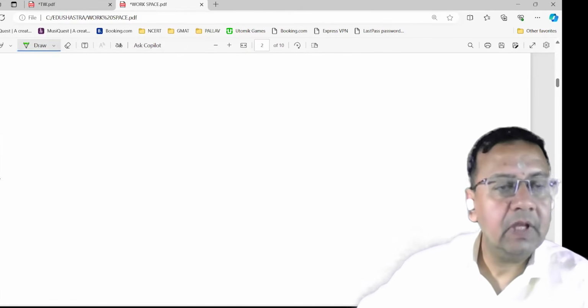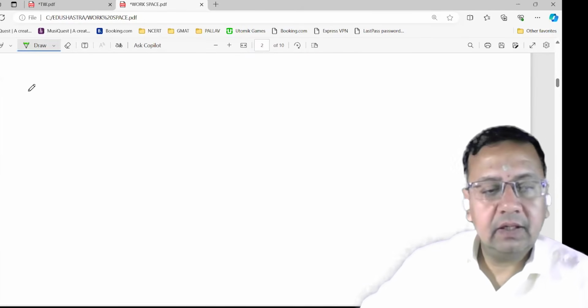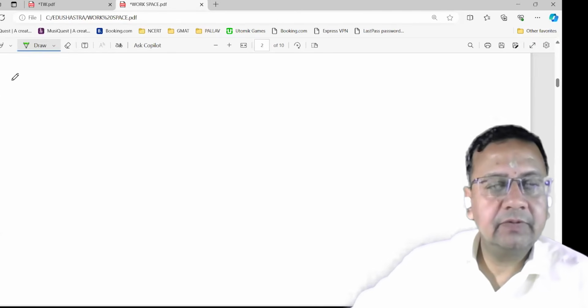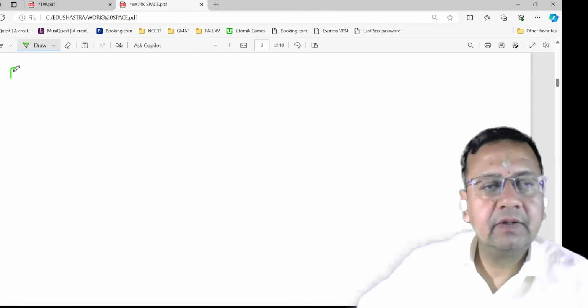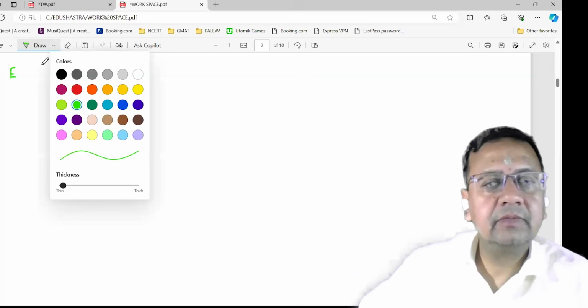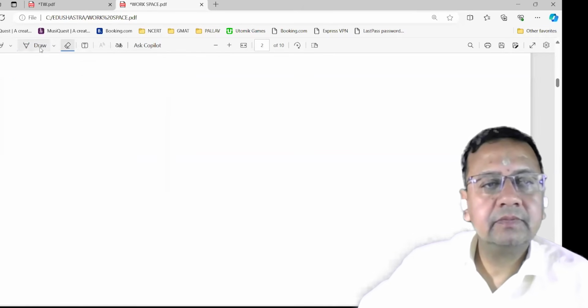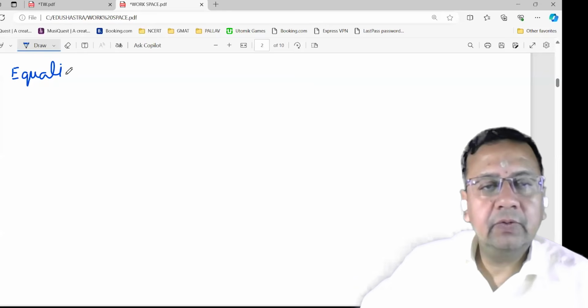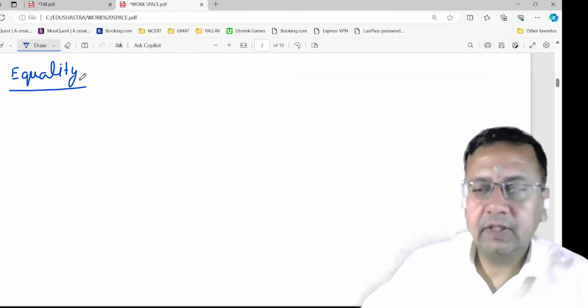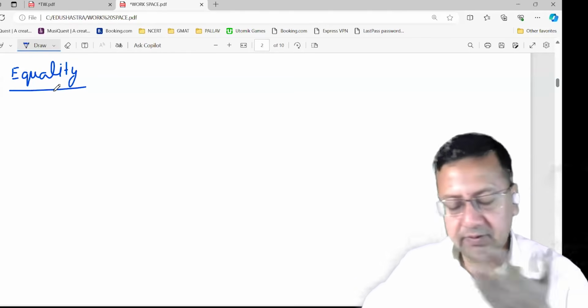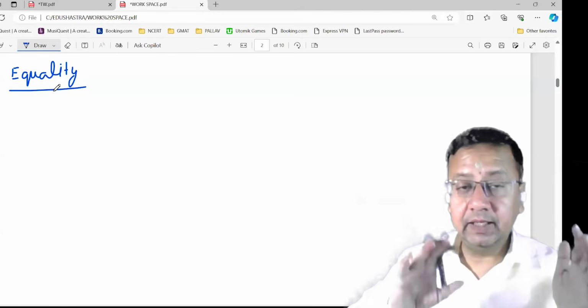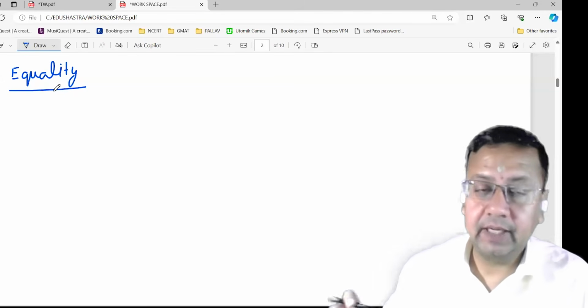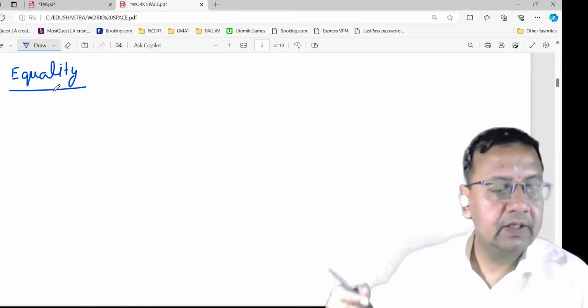Now, a little typical concept, which is equality of work, right? If there are some group of persons working and individually they are finishing the same amount of work, right? Okay.